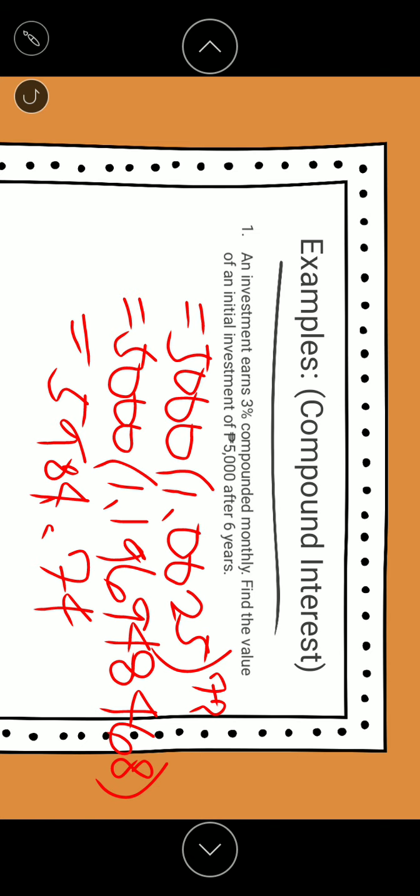Thus, the future value or initial investment after 6 years will be 5,984.74 pesos. This is the final answer.